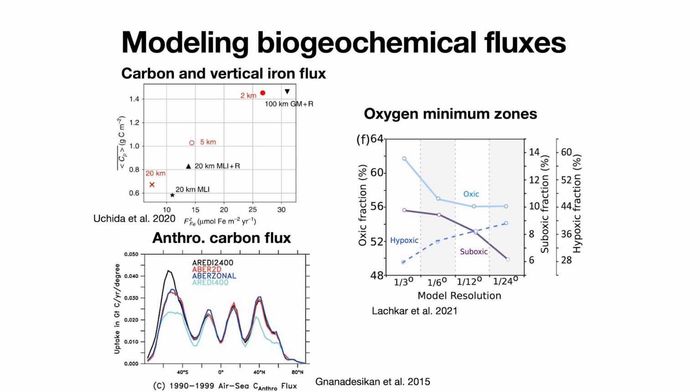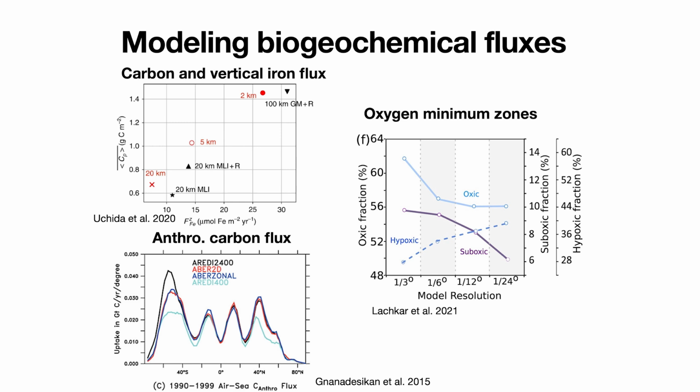And so here I'm showing a few different modeling studies at the top, looking at the connection between carbon and vertical iron flux, which is sensitive to both the model resolution and the parameterizations that they've chosen.